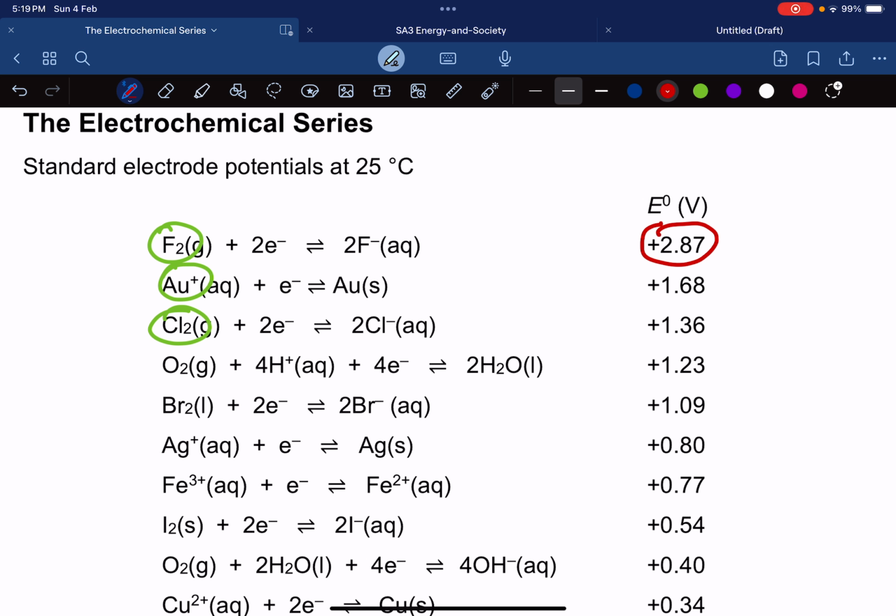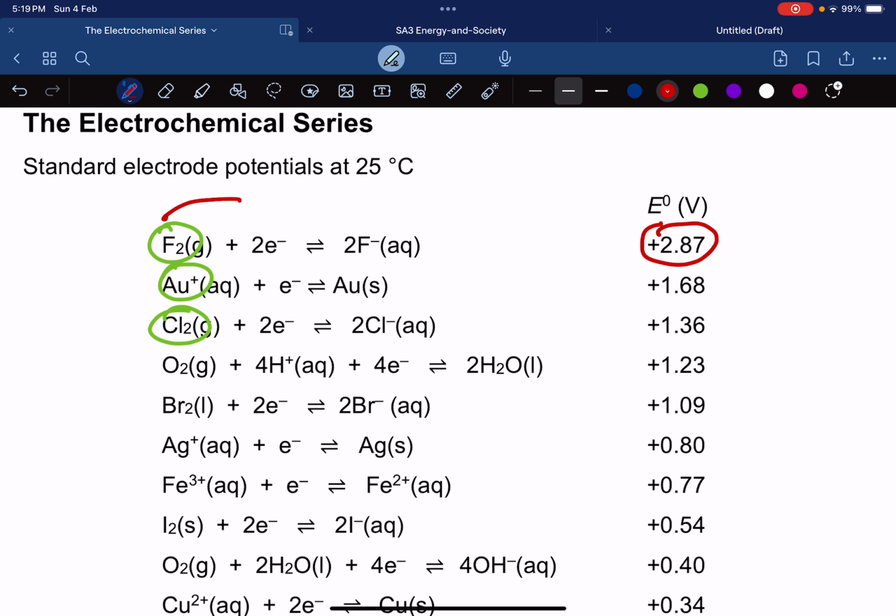Obviously, you can see fluorine is the one that loves the most to pick electrons up, and he actually has data to tell you, I love to pick electrons up 2.87. You guys 1.68, 1.36, you don't love electrons as much as I do. So electrons fall in love with fluorine more.